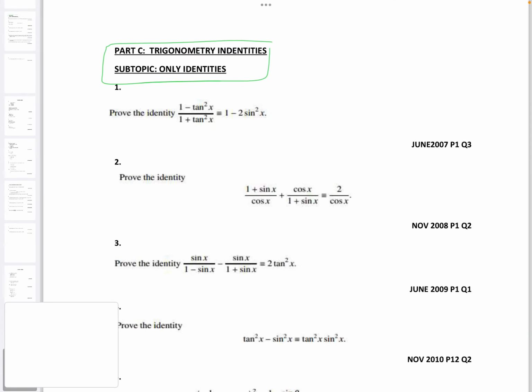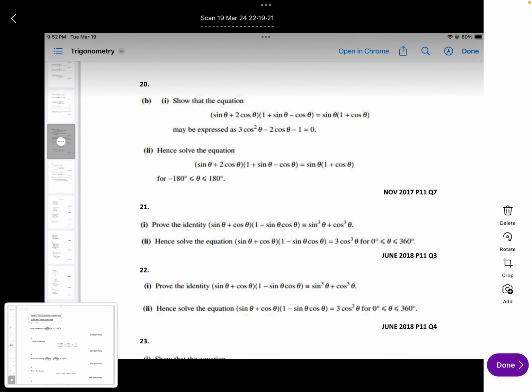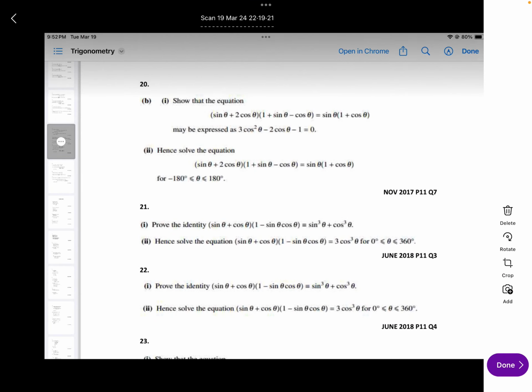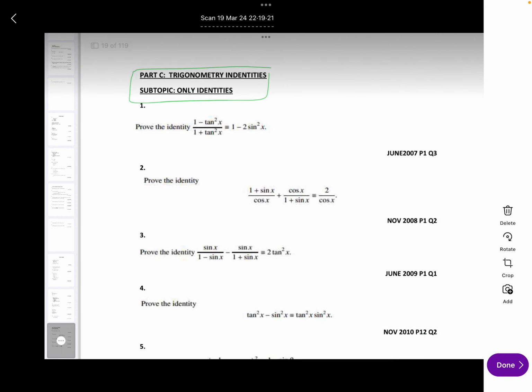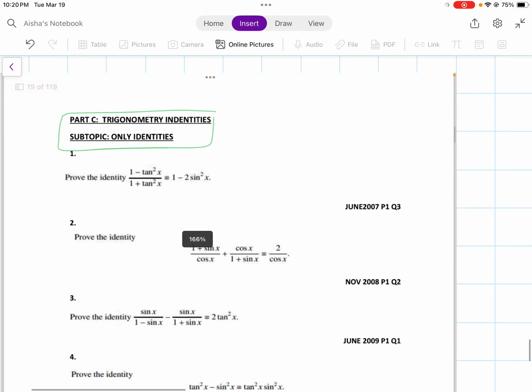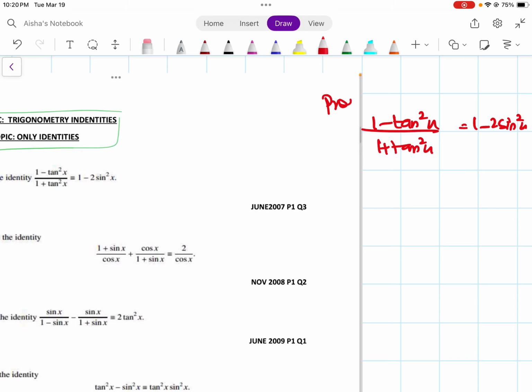Let's prove a couple of identities now because we haven't done a lot of identities here. 1 minus tan square x upon 1 plus tan square x is equal to 1 minus 2 sine square x. This is what I have to prove.